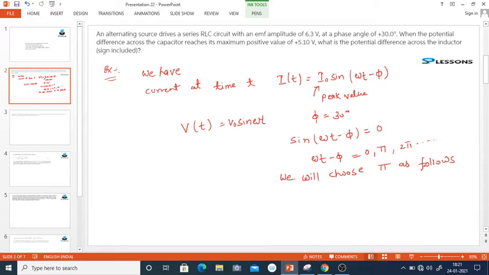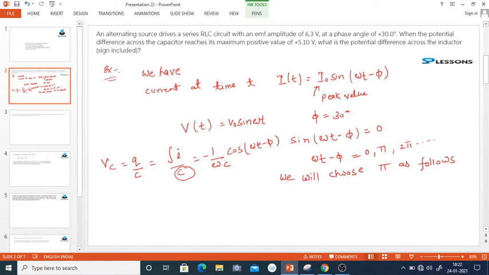Okay, the potential across the capacitor we can write Vc, which is equals to Q by C, or we can integrate I divided by C. The value of integrated I is equals to minus 1 upon omega C, where C is already available here, cos of omega t minus phi.